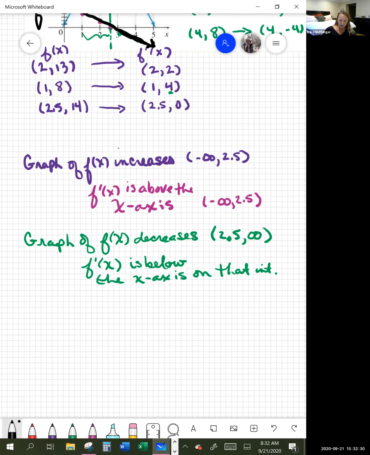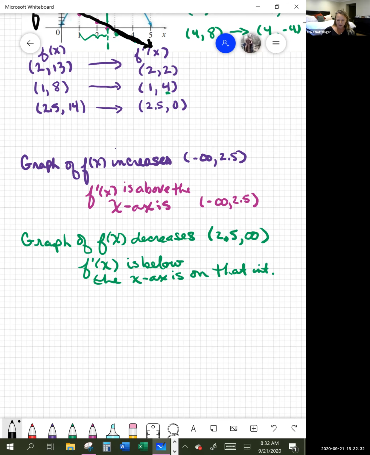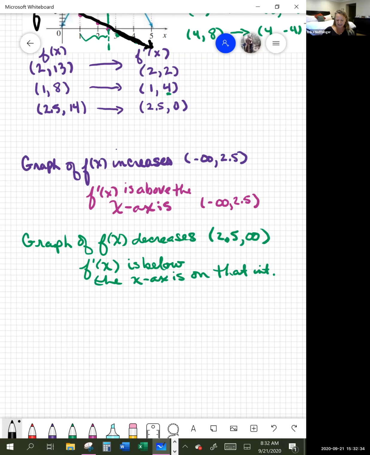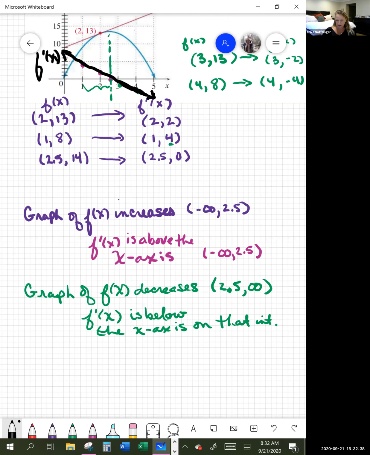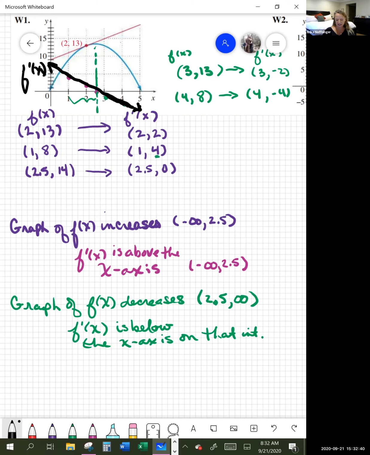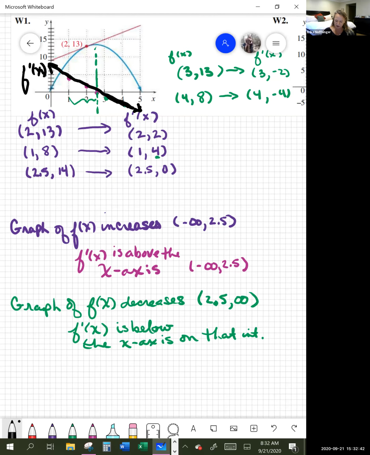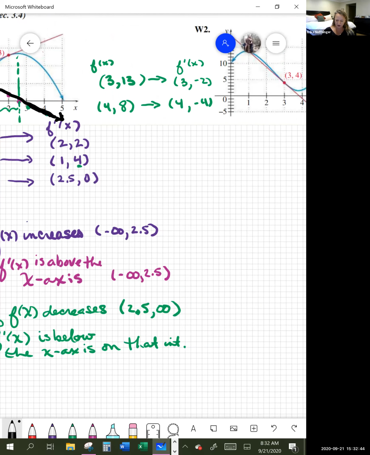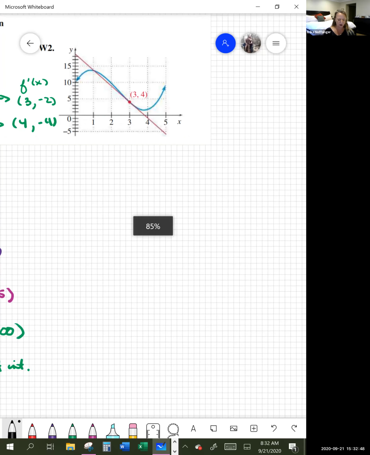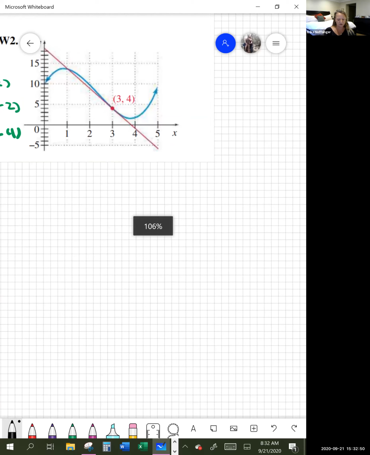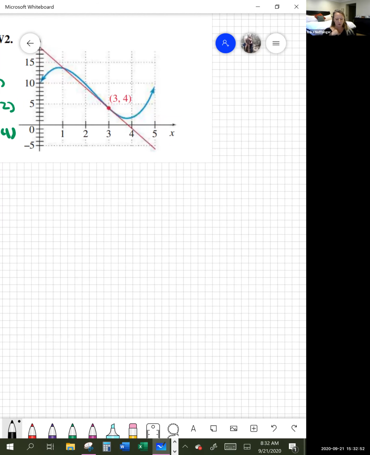Okay, so I'm not going to do that second one from that in-class exercise. So I'll let you guys work on that later. If you didn't do it, maybe you can now find the slope of the tangent line at that point.